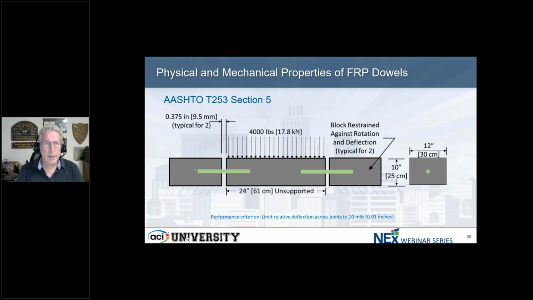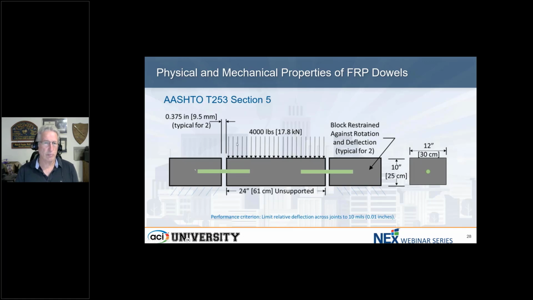AASHTO T253 has a test where you have blocks of concrete, typically around 10 inches thick, 1 foot deep into the page here, 1 foot wide specimens, and the end blocks are anchored to a rigid foundation. The center block is unsupported, and you have one bar going across each joint.